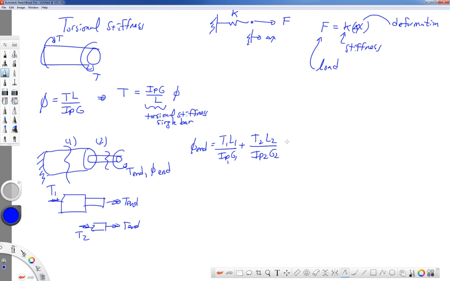So that factor is in common, so I'm going to factor that out. And we're really close. We have deformation equal to some coefficient times the torque at the end, but we want to rearrange this so that we have the torque at the end equal to some coefficient times the deformation at the end.